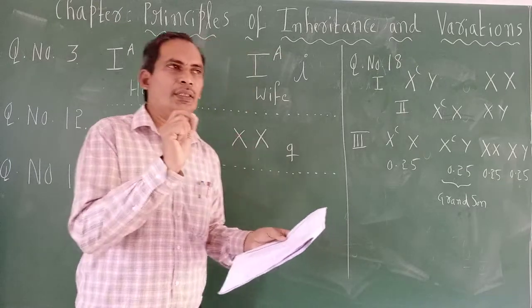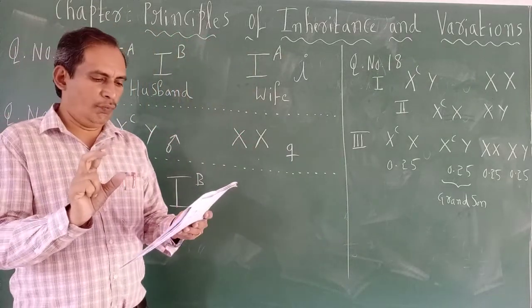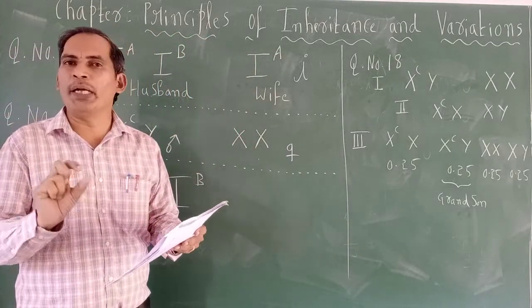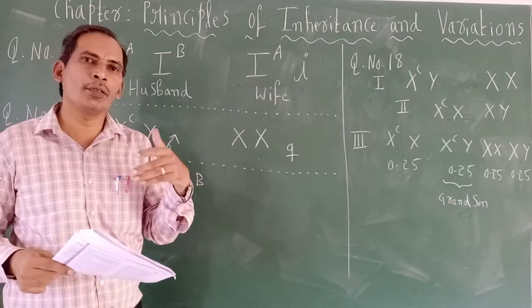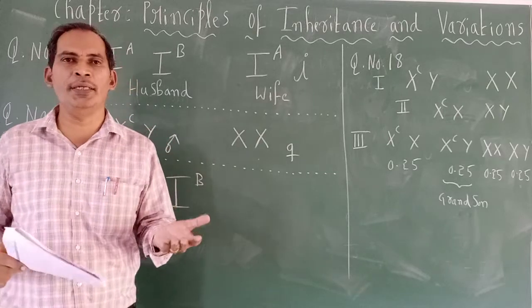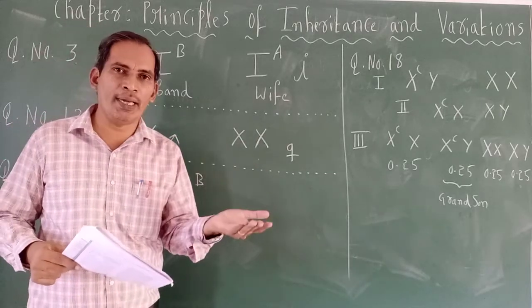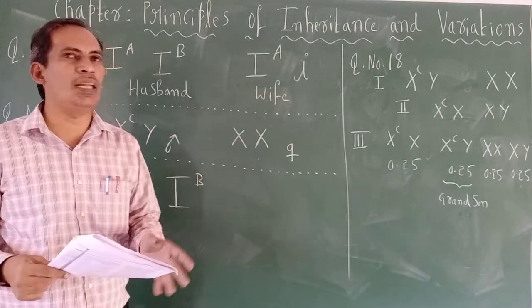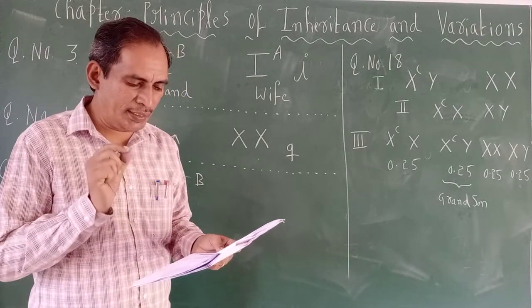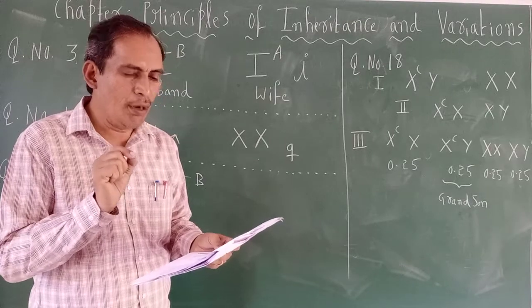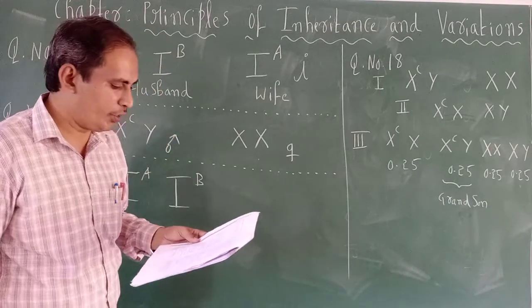So pod length character was not used by Mendel. Pod means fruit. So with respect to pod, the two main characters Mendel studied were the color of pod and shape of pod, and not the length of pod. Okay, so the correct answer, for question 19, is option B, pod length. Okay, let's move to the next question.